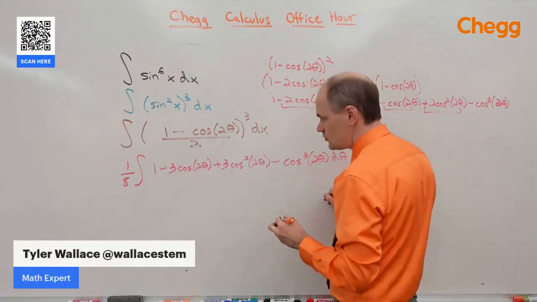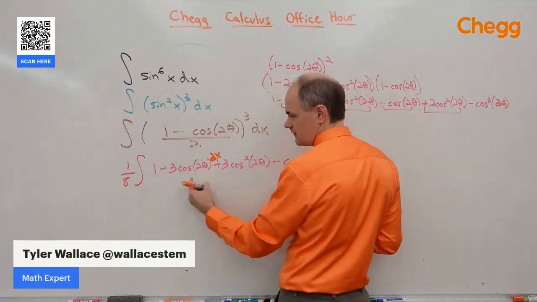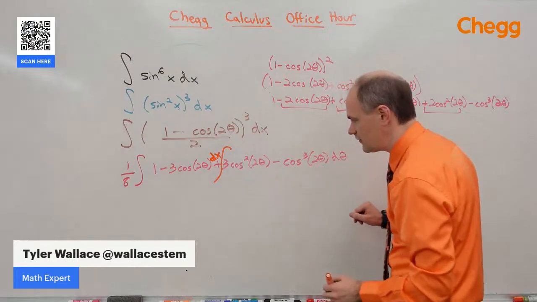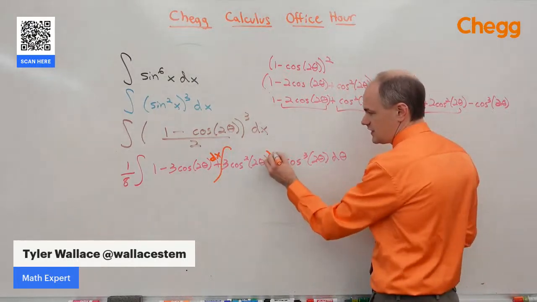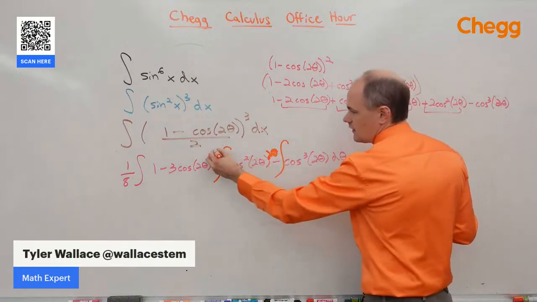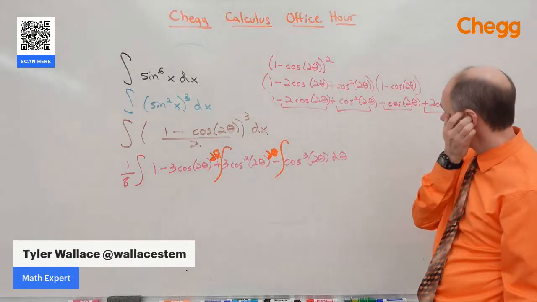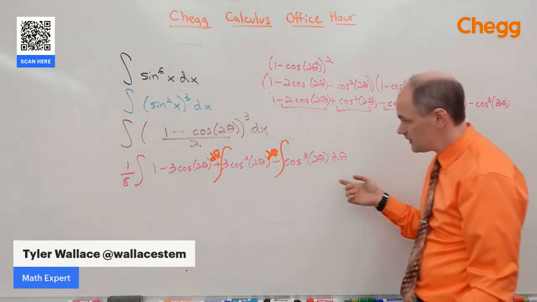What I would do is split this into 3 integrals. I'd stop this integral here and do another integral of the 3 cosine squared d theta. Oops, I changed my x's to thetas halfway through the problem. Well, that's okay.